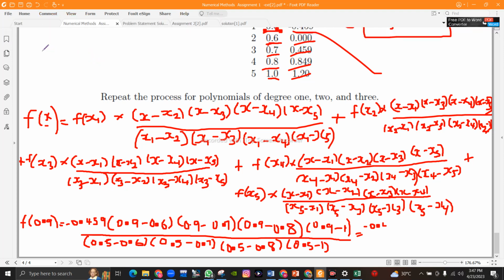That will be minus the f of x1 now, the first one we are talking about. We are solving this one first. We'll get an answer for this and record it somewhere.